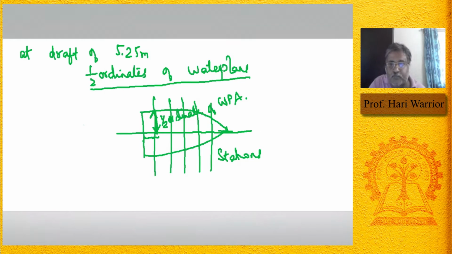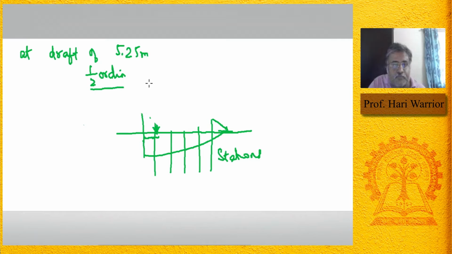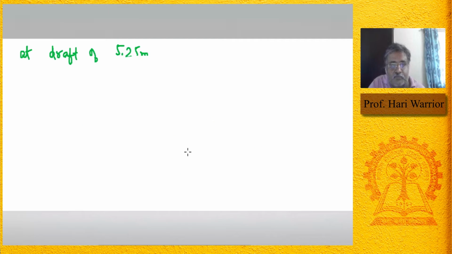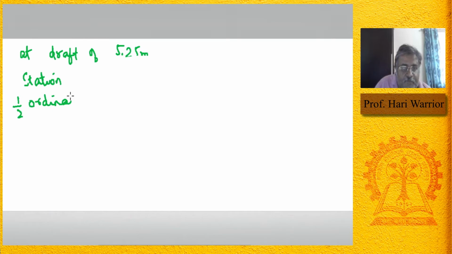You need the table. So it comes like this: station and half ordinate.